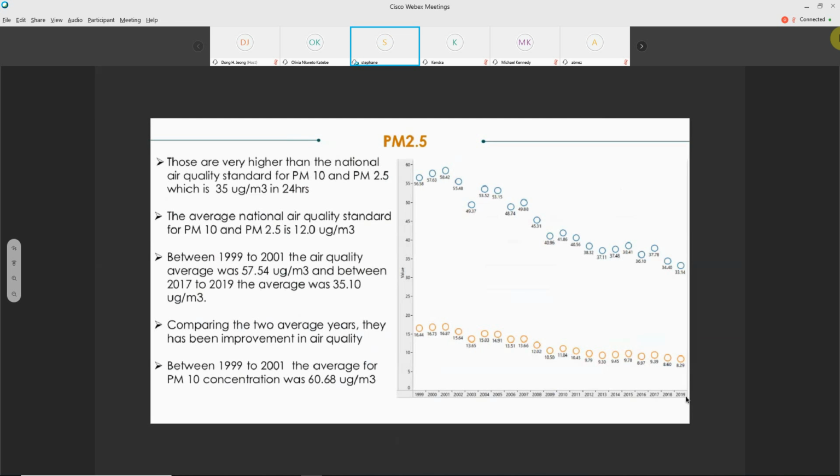Between 1999 to 2001, the average for PM10 concentration. When we say PM10, this slide is the continuation of the previous slide. So between 1999 to 2001, the average for PM10 concentration was 60.